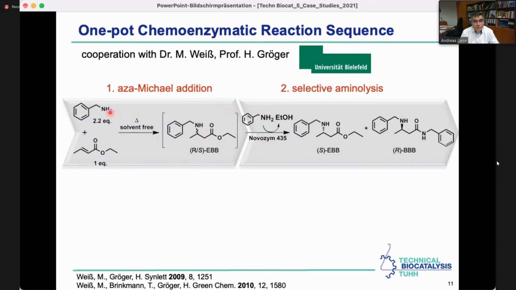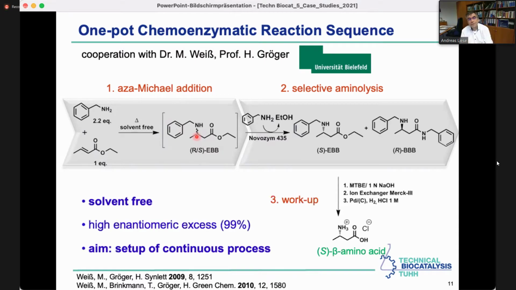And these are the same compound here, the leftover that was added in the beginning to do the second reaction catalyzed by the enzyme. And you can see the enzyme is catalyzing the amidation for the R amine. There you see the R amine, and that is amidated. We're splitting off ethanol here. That's what you see here. And the S enantiomer is not reacting at all. So our example we see here is a very classical kinetic resolution.